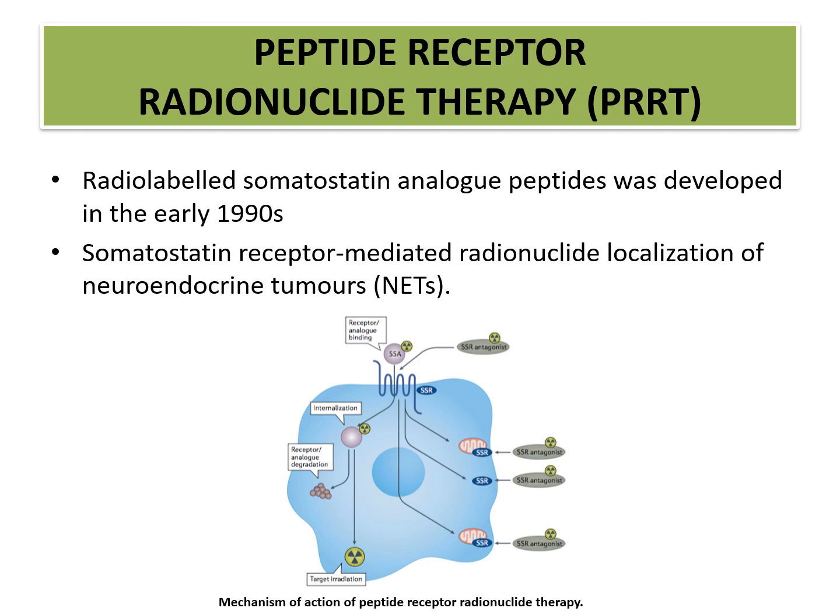Recently introduced SSR antagonists have overturned this principle, having proven to have significantly lower internalization but a greater binding, owing to the recruitment of inactive SSRs on the surface of the neuroendocrine tumor cells. So this is the mechanism of action for the PRRT.